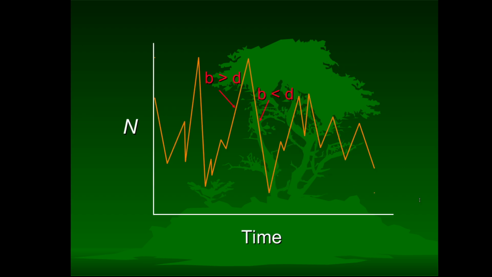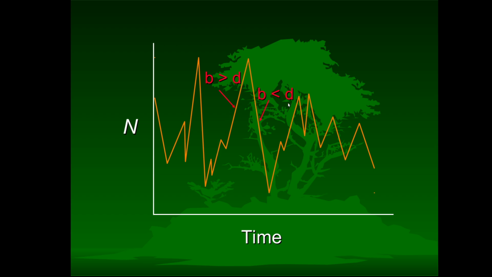So if each generation a population replaces itself according to a large number of stochastic events like coin flips, then random sampling variation in those coin flips will cause random demographic variation in population size. So there's random demographic variation in birth and death rates. Just random variation because there's a lot of coin flips involved. And so in some periods, the birth rate will just by chance be higher than the death rate and the population will increase.